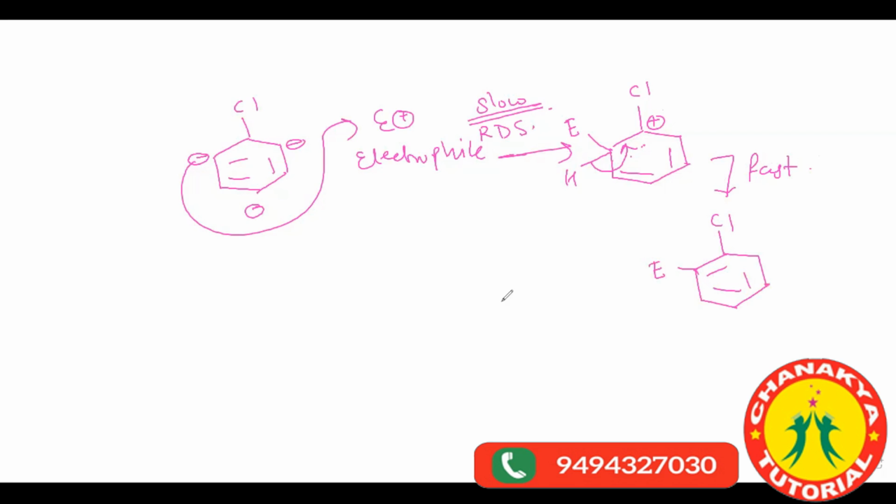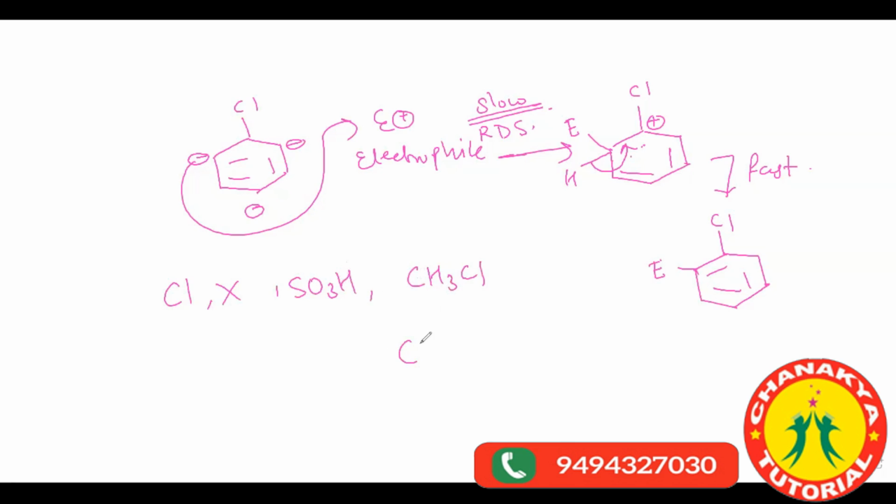Here we have learned about this electrophile. This electrophile can be anything. It can be chlorine or any halogen, right? It can be a sulfonate group, SO3H. It can be any alkyl group, CH3Cl, alkyl halides you can use.